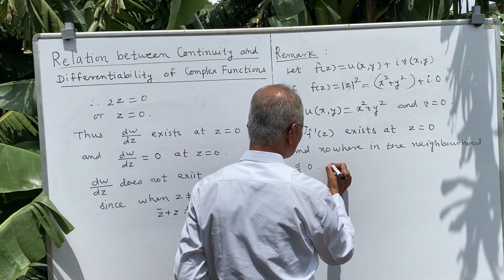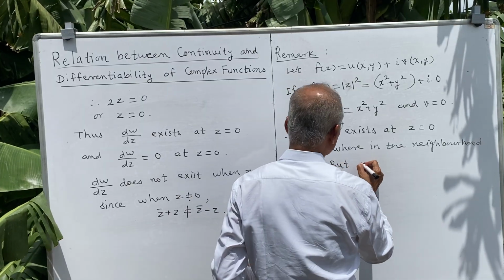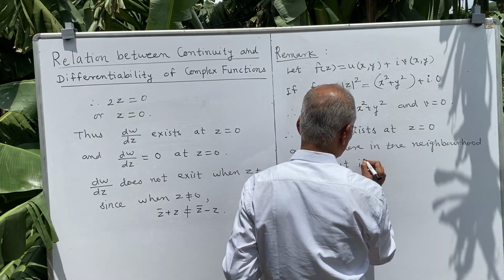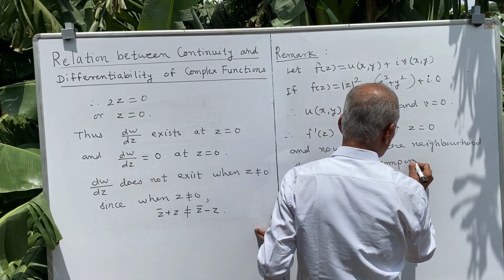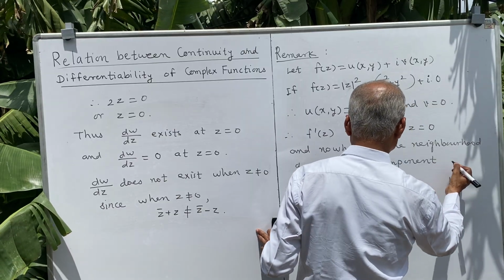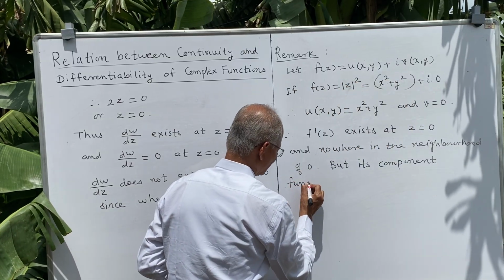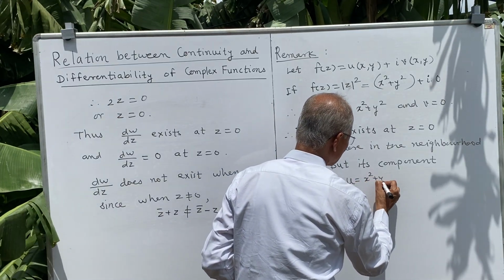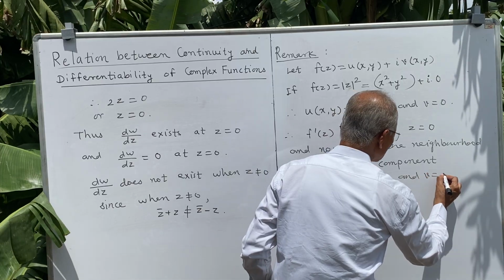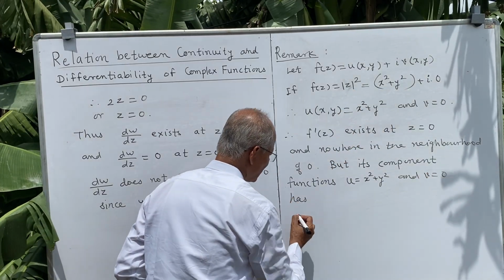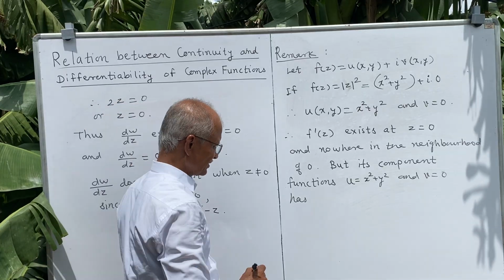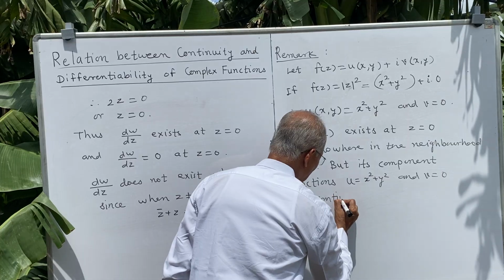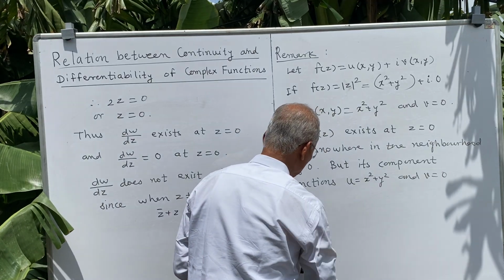The component functions u equal to x square plus y square and v equal to 0 have continuous partial derivatives.